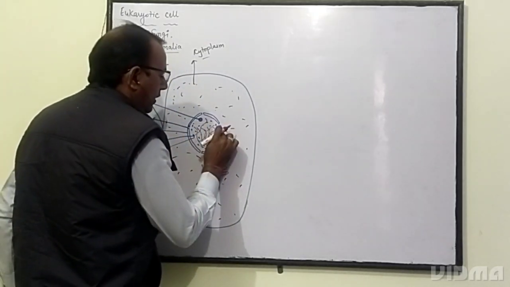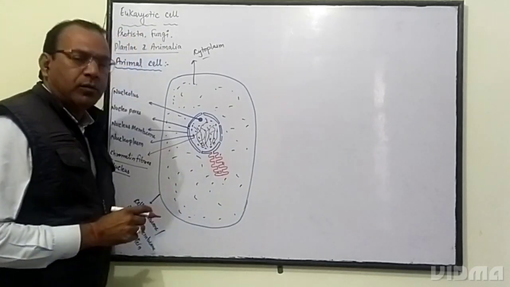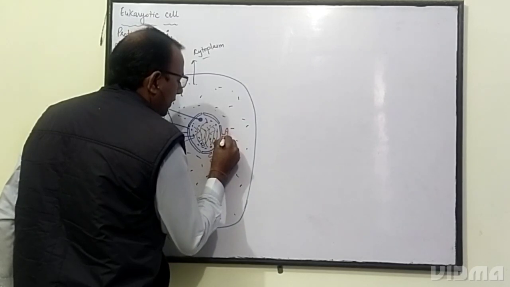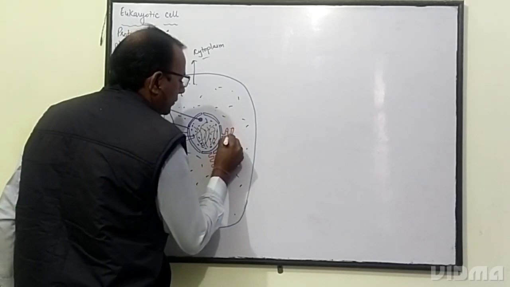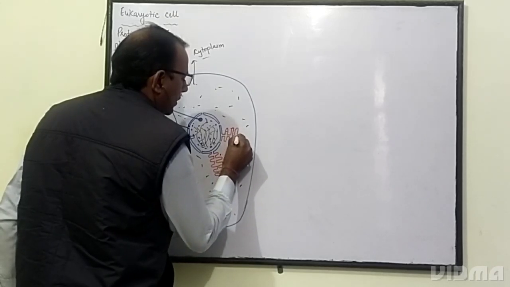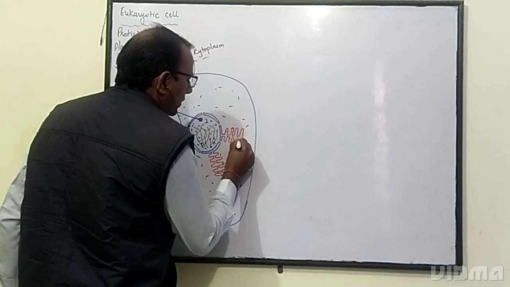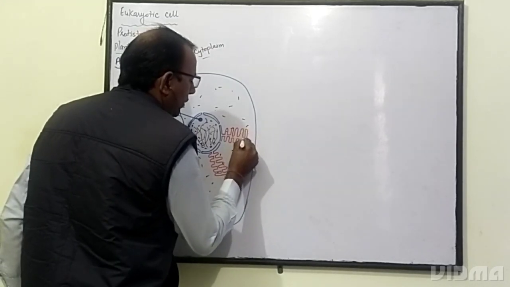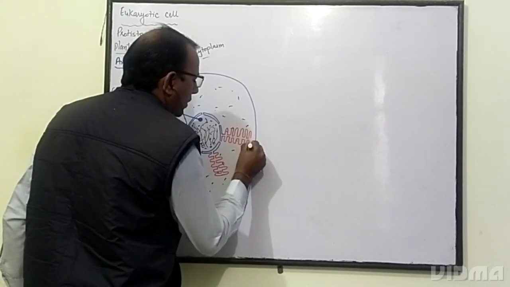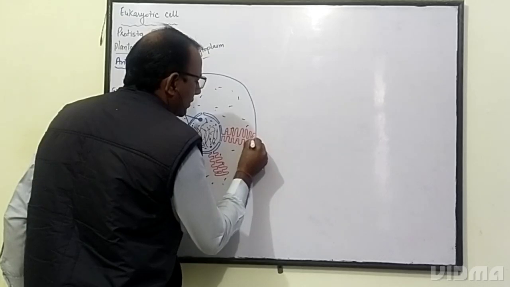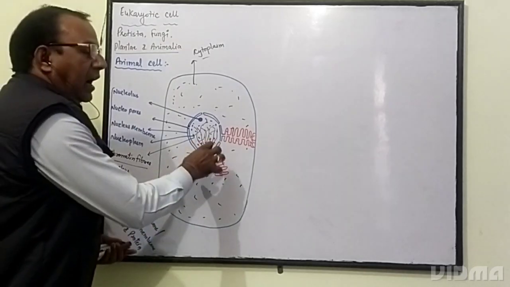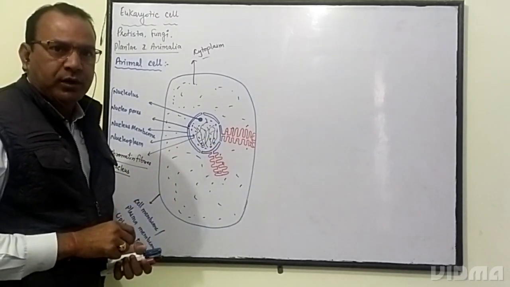One more thing, one ER contains some ribosomes and another may not. There is a coiling structure, and through these coiling structures substances may pass in or out. These are the ER, endoplasmic reticulums.